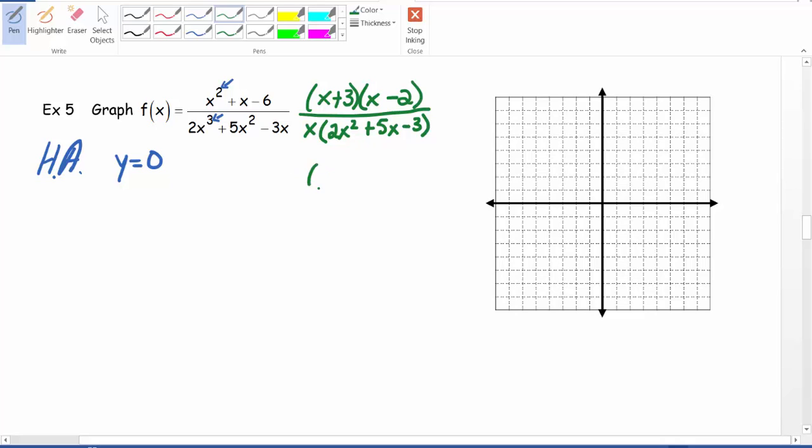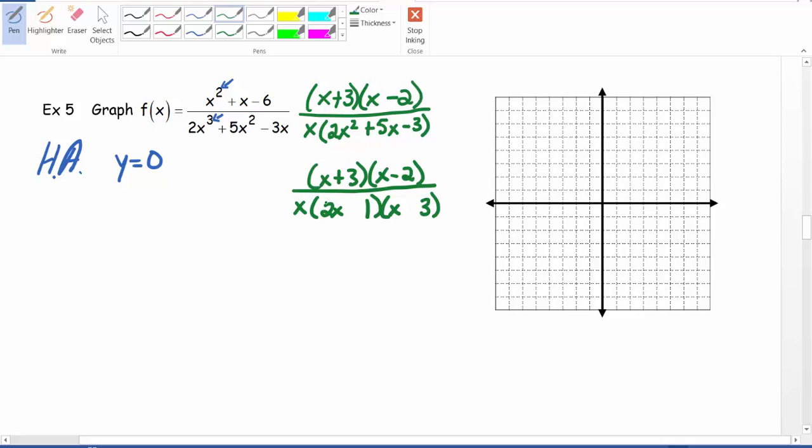So when we do that, we have x plus 3 still on top, times x minus 2. On the bottom, we have x on the outside times 2x, and I know the other factor has to have an x. Looking at these, I'm going to make them 3 and 1. With 1 times 3, we get 3. I know that one of them has to be negative because they multiply to be negative 3, but also add up to be 5.